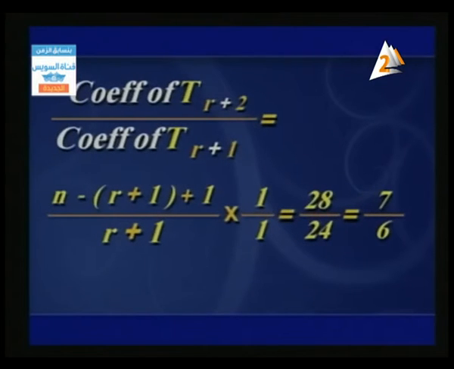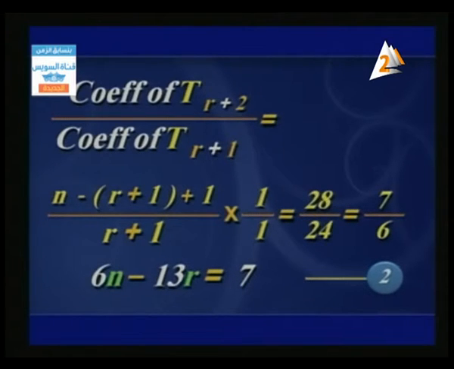Coefficient of Tr+2 over coefficient of Tr+1 equals (n − (r + 1) + 1)/(r + 1) equals 28/24 equals 7/6.